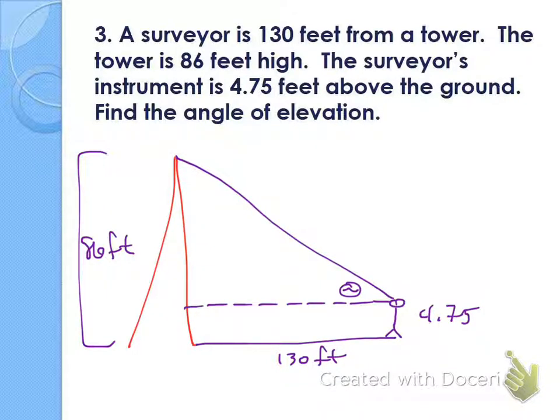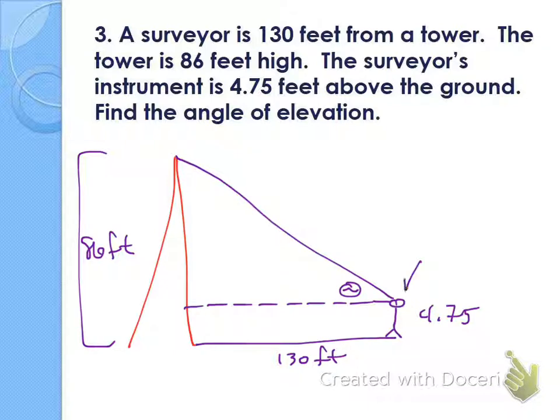So you got your red tower there, your purple surveyor's instrument, that's 4.75 feet off the ground. Now the surveyor instrument is 130 feet from the tower, and the tower is 86 feet tall. Okay? Now, it's important again, so what we want to find is the angle of elevation from the instrument to the top of the tower, right?